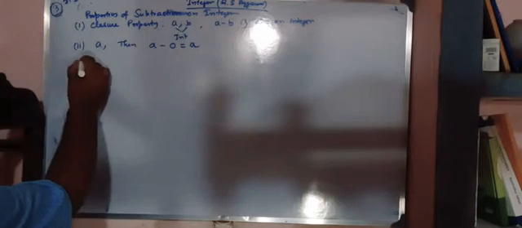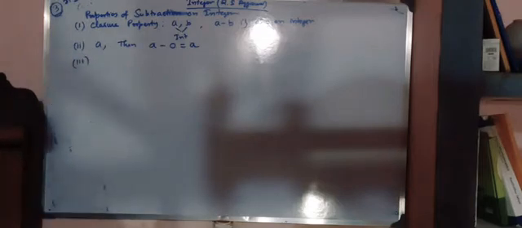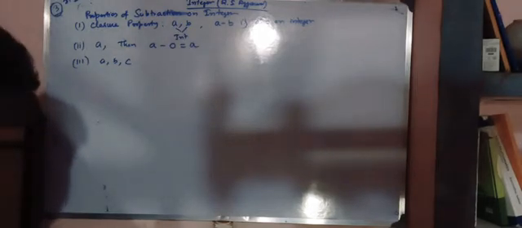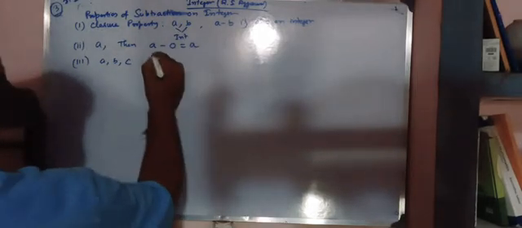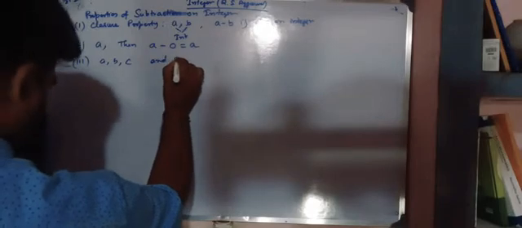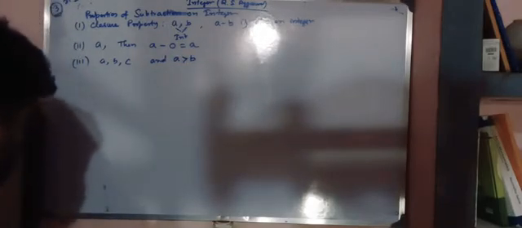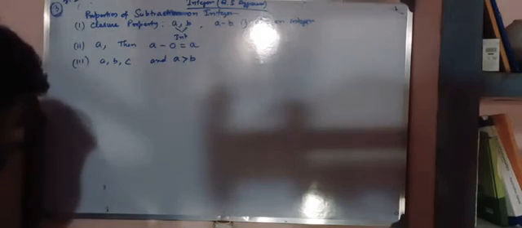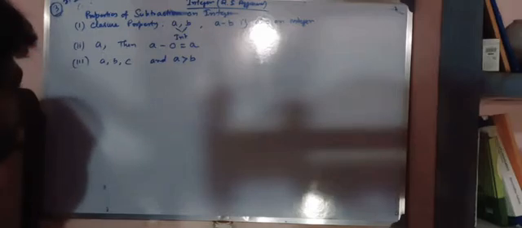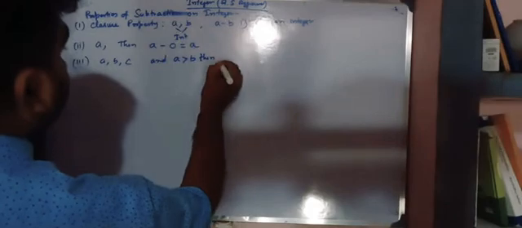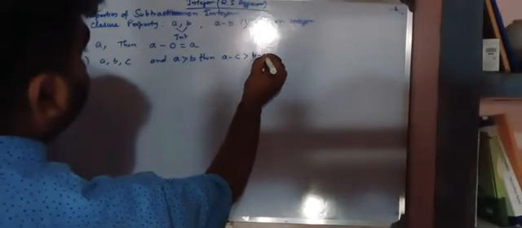Next, another property: if a, b, c are three integers and a is greater than b, then a minus c is greater than b minus c.